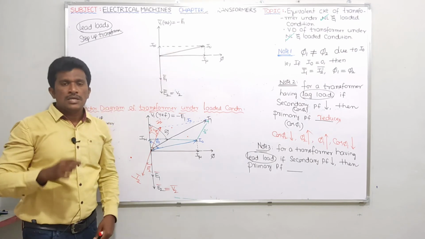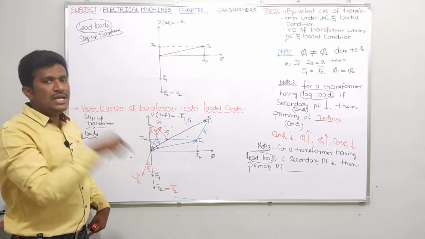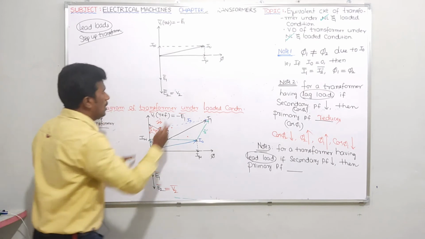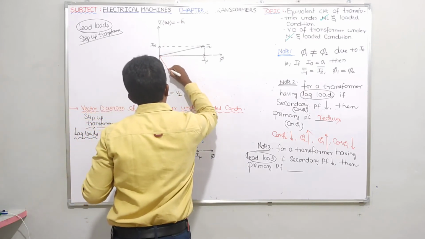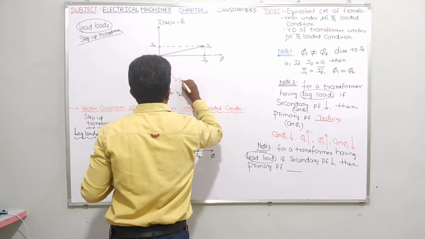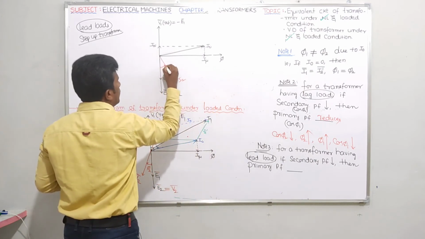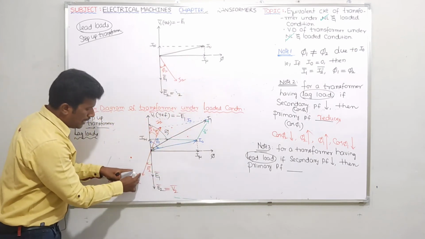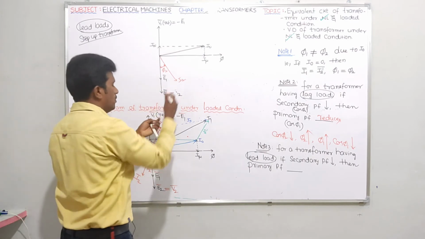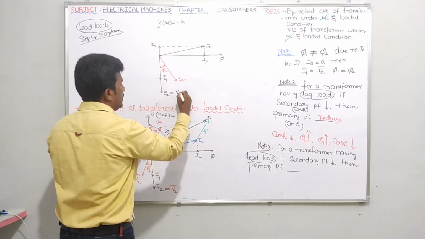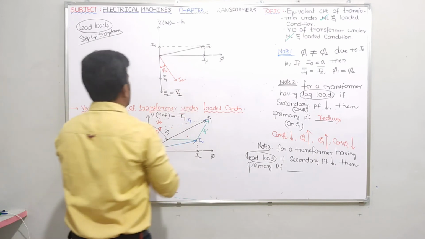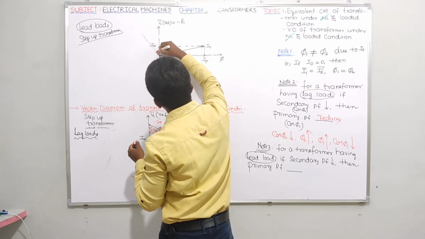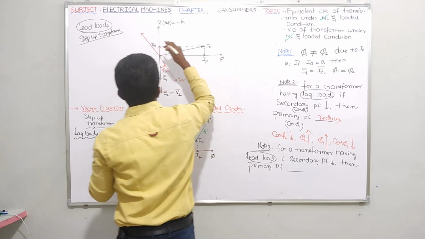Lead loads means secondary current, or I can say load current I2, leads V2 by angle pi by 2. So instead of writing I2 lags V2, I just wrote here I2 leads V2 by how much angle? Please tell me how much? Pi by 2. For lag loads I had taken I2 lags V2, but for lead loads I2 leads V2, okay? If I refer this I2 towards this side, it should be exactly 180 degrees.